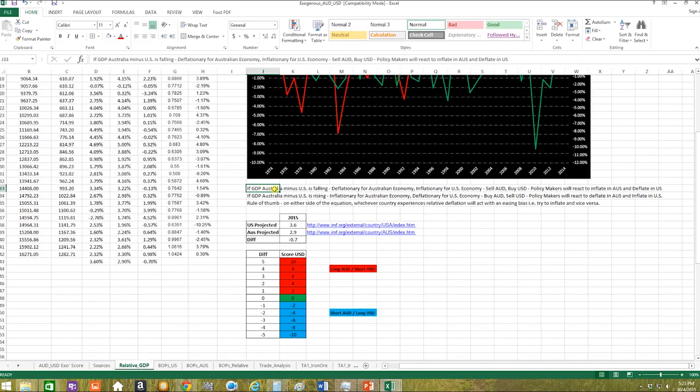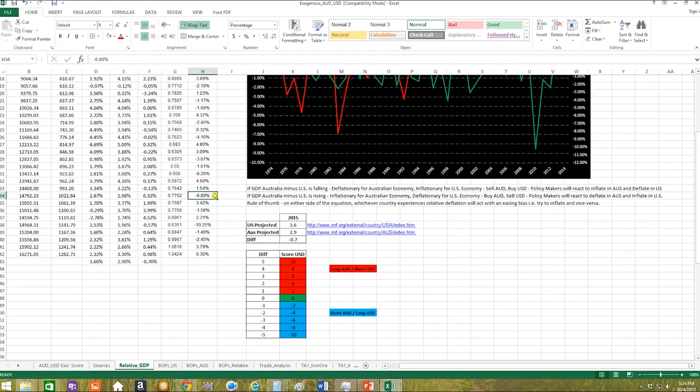So we end up with a bias of looking to sell Aussie dollar to buy US dollar, because we know that policymakers will react to inflate in Australia and deflate in the United States on a relative basis. And the opposite holds true.